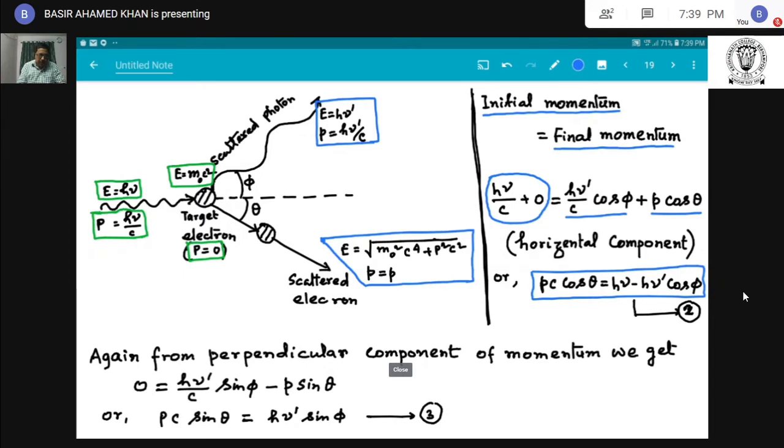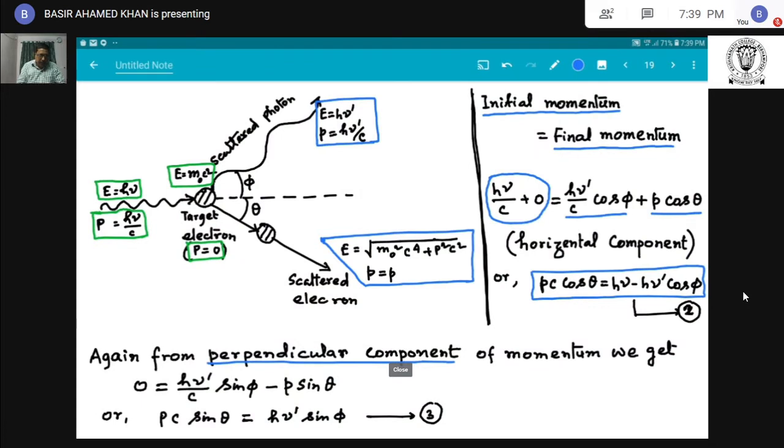Again, from the perpendicular component of momentum, before collision the perpendicular component is 0. That means 0 equals h nu prime by c sin phi, this is for photon momentum in perpendicular component, minus p sin theta, this is the perpendicular component of electron momentum.